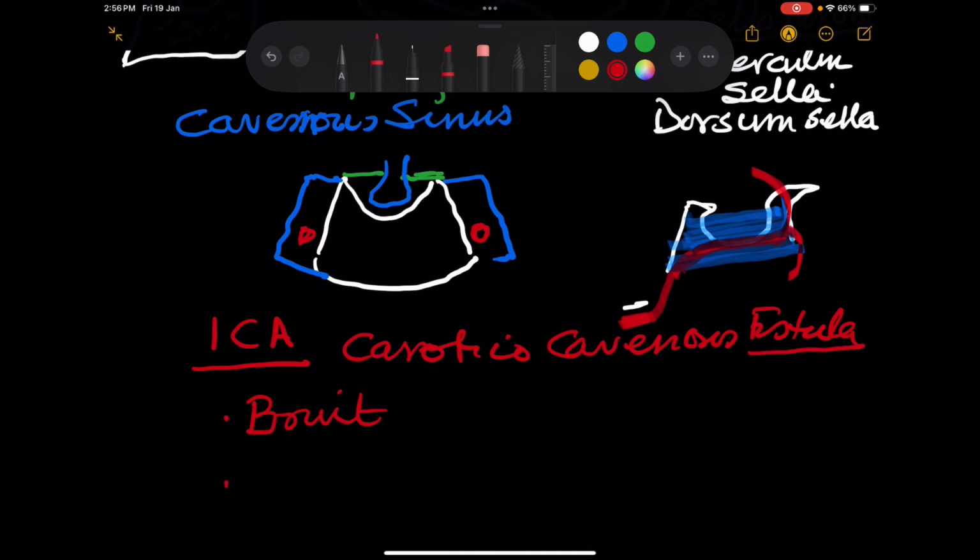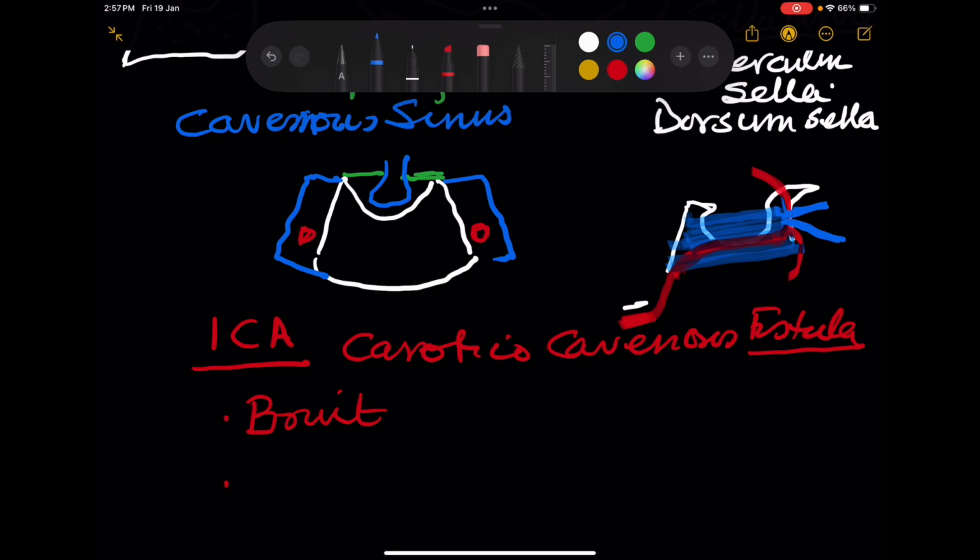The second thing is that the arterial pulsations are conveyed through the superior and inferior ophthalmic veins, which are connected to the cavernous sinus, into the eye, and therefore the eye starts pulsating inside and outside with the arterial pulsation.